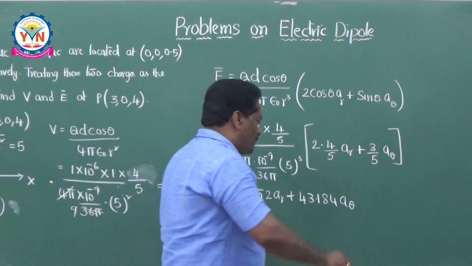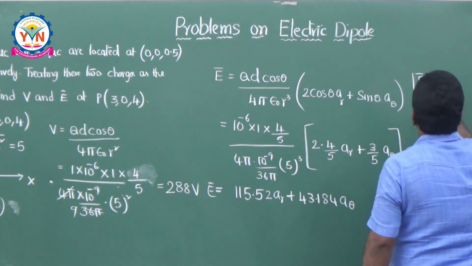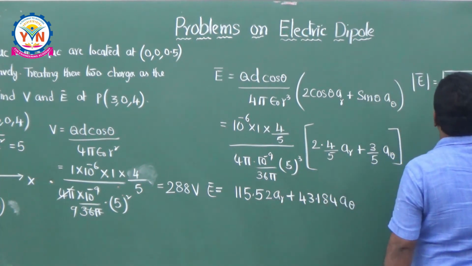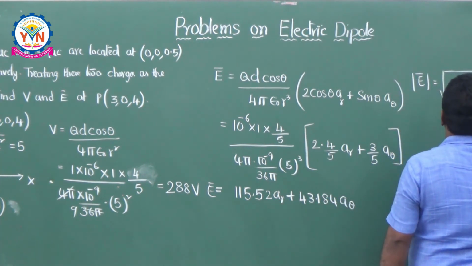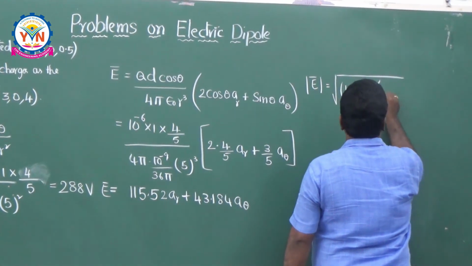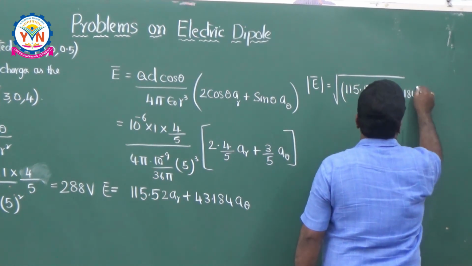Taking the magnitude of this, E bar magnitude is equal to root of 115.52 whole square plus 43.184 whole square.